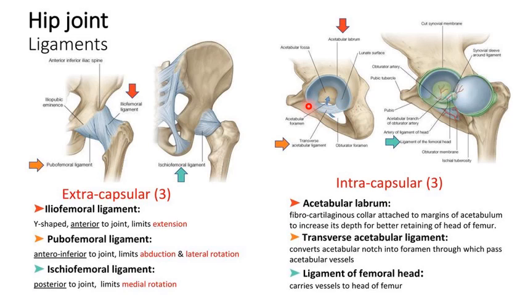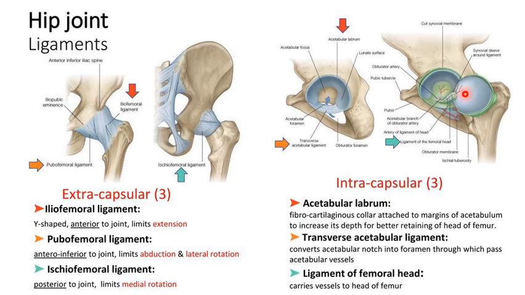The transverse acetabular ligament bridges the acetabular notch, converting it into a foramen through which the acetabular vessels can pass into the joint.